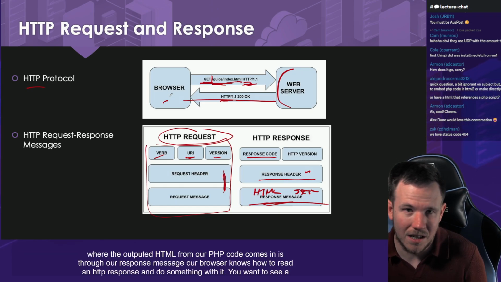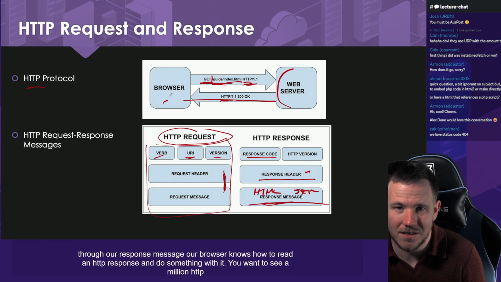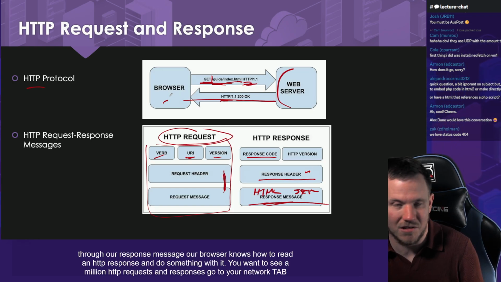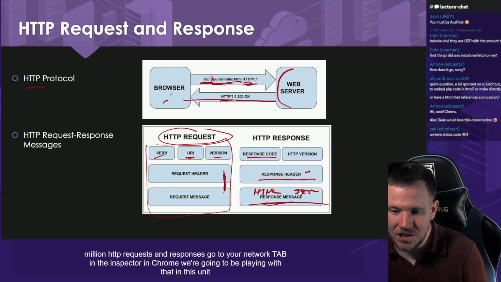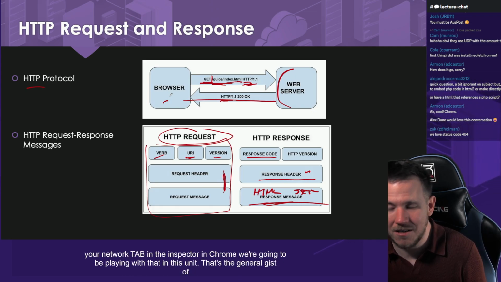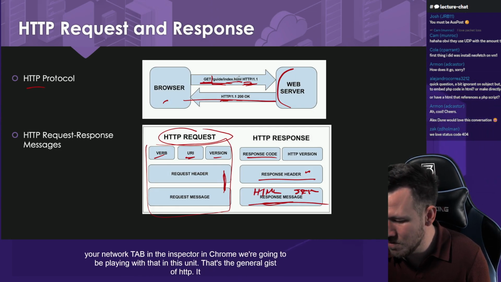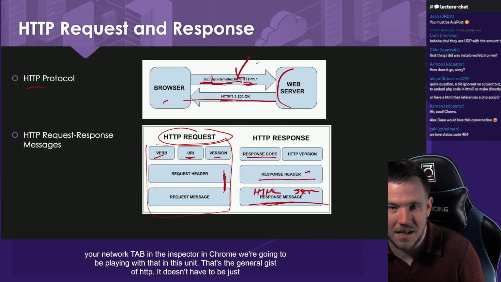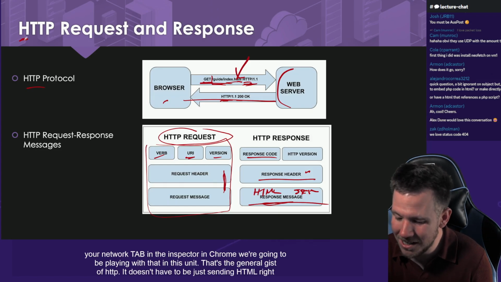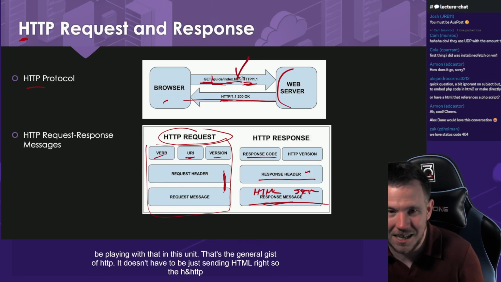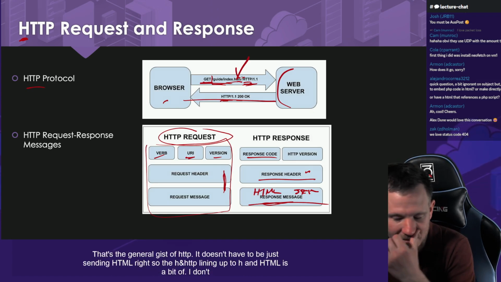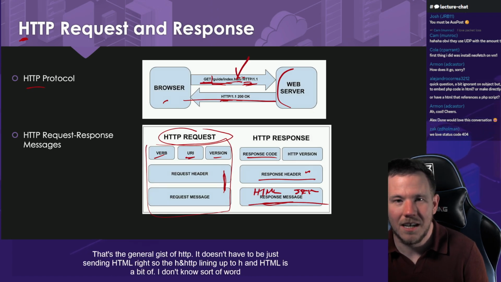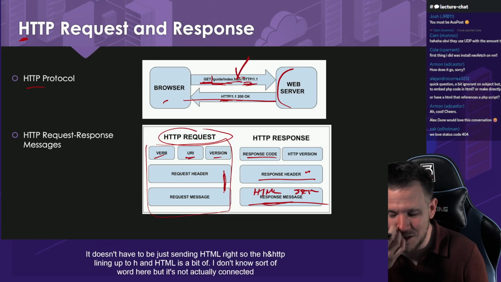You want to see a million HTTP requests and responses? Go to the network tab in the inspector in Chrome. We're going to be playing with that in this unit. That's the general gist of HTTP. It doesn't have to be just sending HTML. The H in HTTP lining up with the H in HTML is not actually connected necessarily.